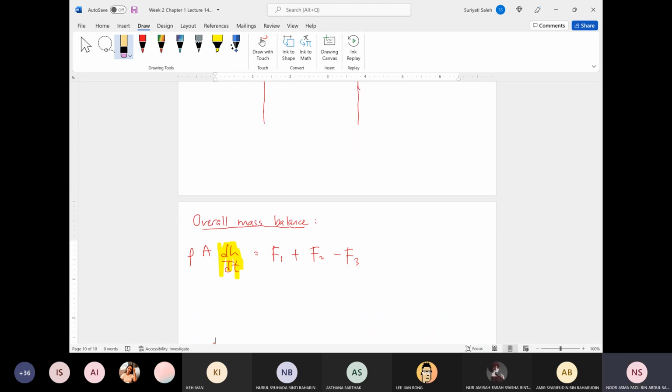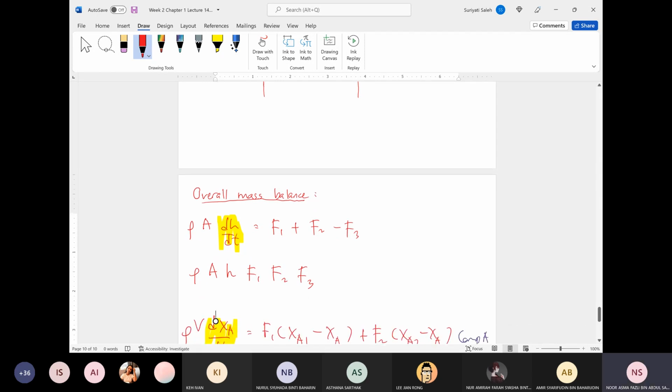So in this case, we have the rho density, we have the A, H, F1, F2, F3 as our variables. The time will not be considered as a variable because it's a trajectory. T is the time for the trajectory, so we cannot control the time. We just let the time continue.